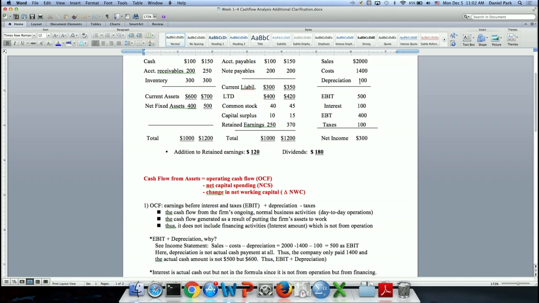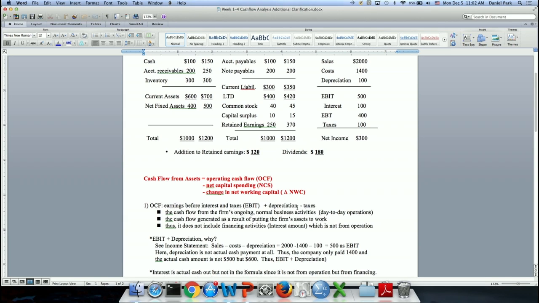So this is not an actual cash payment. We have to add it back. So EBIT plus depreciation means not 500 but 600 million the company has up to here. That's why the formula has plus depreciation.